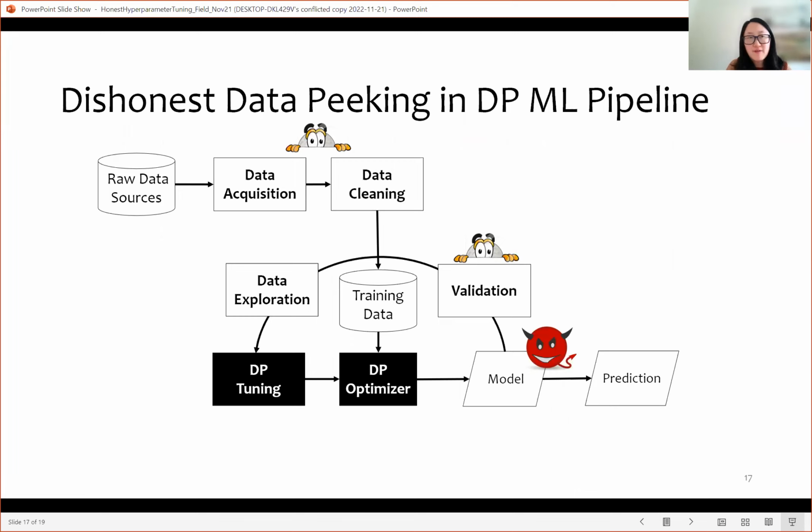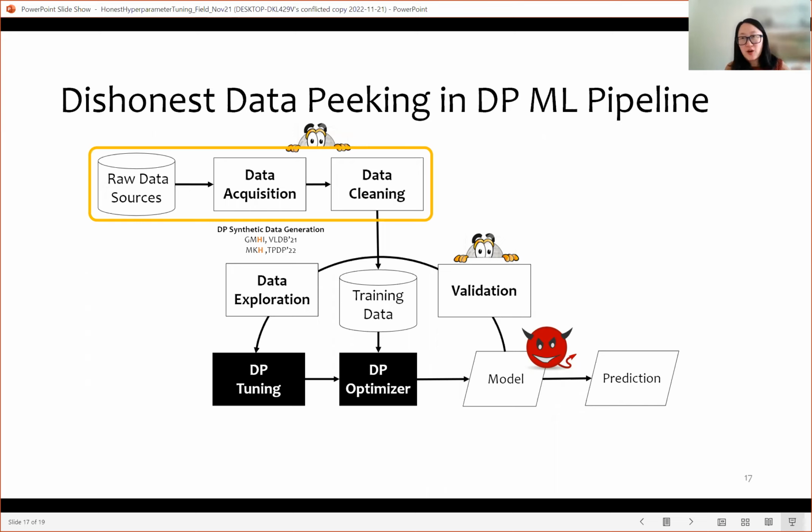We should be really careful not to dishonestly peek at the data, because that can lead to a new privacy attack on these machine learning pipelines. One of our recent works studied the data acquisition process and data cleaning process, and it showed that if we just peek at the data without taking care of the privacy guarantee of those steps, it can result in a much larger privacy cost in the later steps.